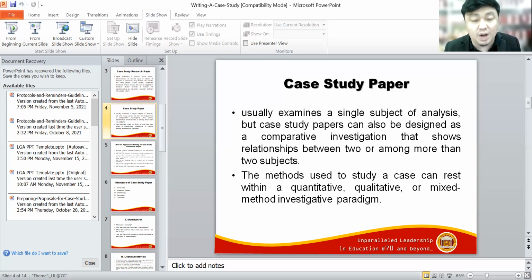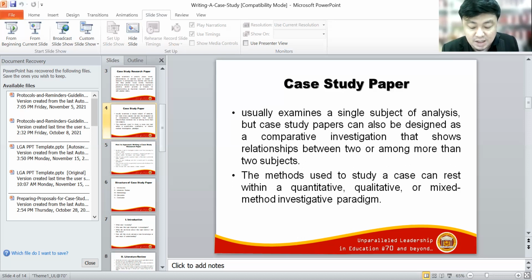Number 1: general, theoretical, context-independent knowledge is more valuable than concrete, practical, or context-dependent knowledge. That is one of the misunderstandings. Number 2: one cannot generalize based on an individual case; therefore, the case study cannot contribute to scientific development. This is another misunderstanding.